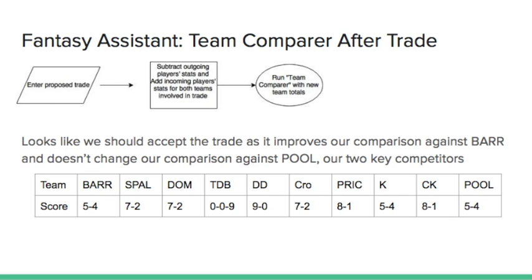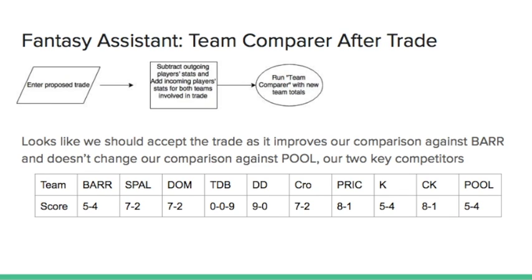So we'll get new scores against all the other teams. So going back to our trade we just saw, even though we won some categories and lost some categories, what happened was that it improved our chances of beating one of our key opponents, Barrett.